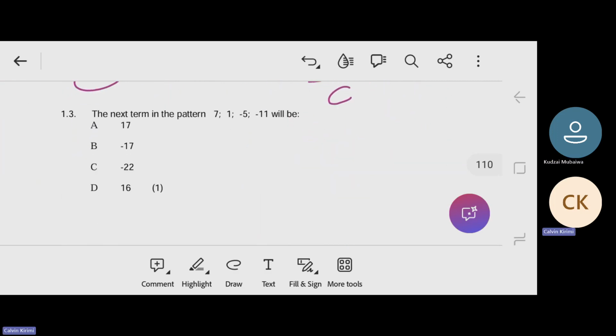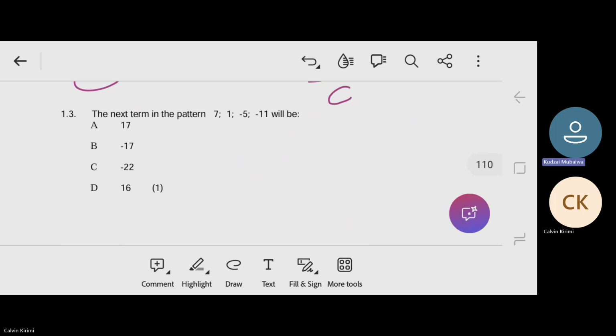Next step, calculate. What are they doing?